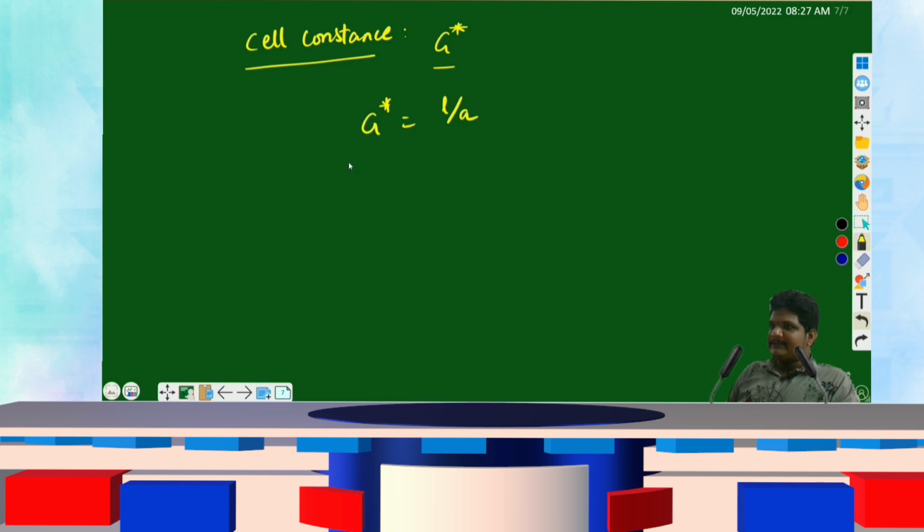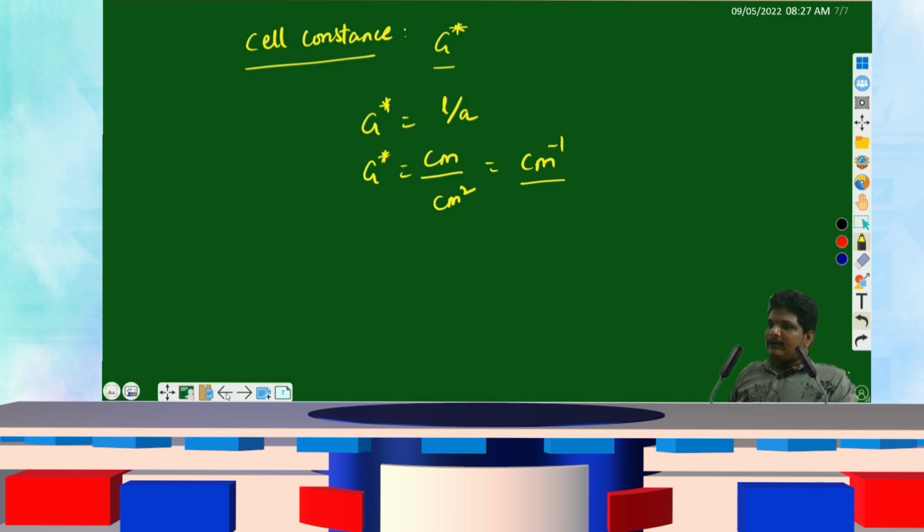The unit of length is centimeter and the area of cross section is centimeter square, so we get centimeter inverse. So the cell constant has units of centimeter inverse.